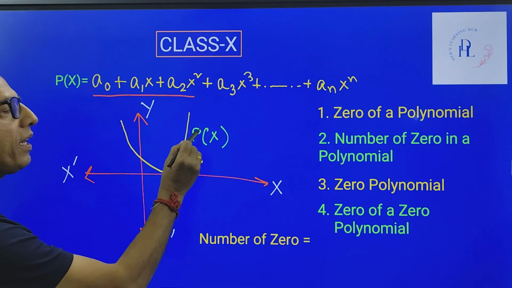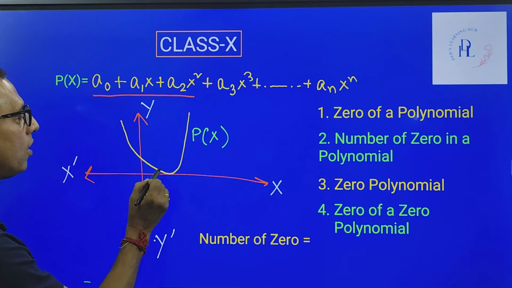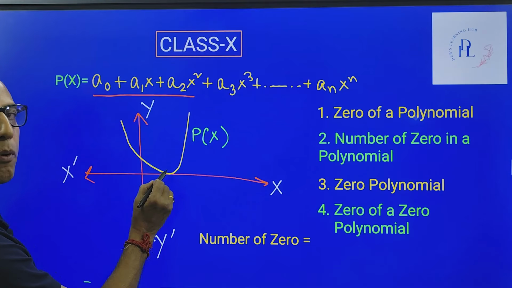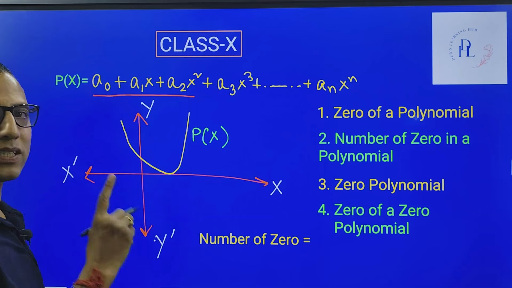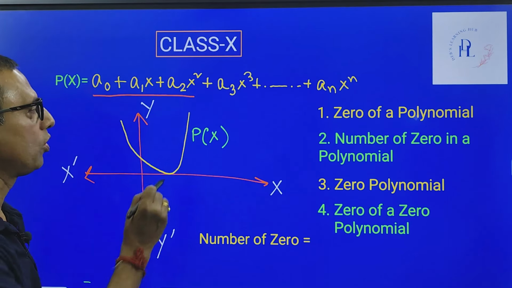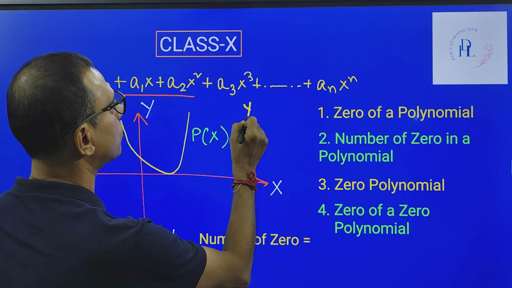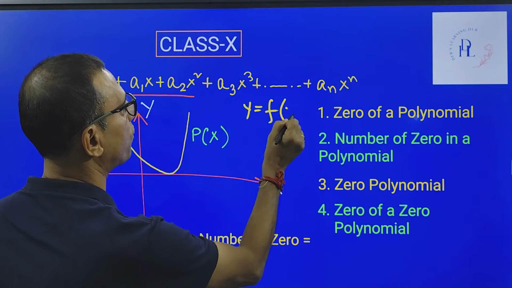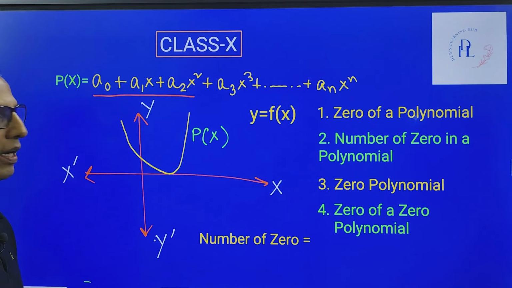So for how many values of x the polynomial becomes 0 means we can see the value of the polynomial p(x), that means it is y. p(x) means it's a function of x. Since it's a polynomial, we write p of x, otherwise we write y equals f(x).